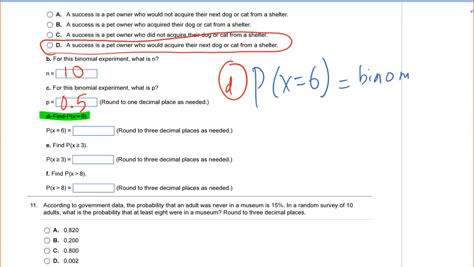Binom PDF n p a. What's the n value? N is 10, p is 0.5, a is 6. Okay, use that on the calculator as we did before. The answer must be 0.205.